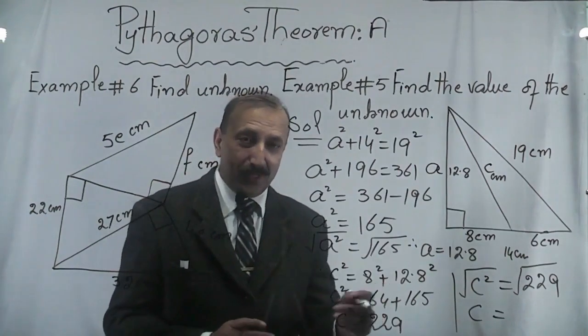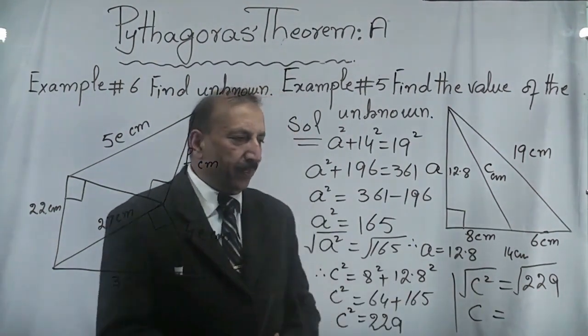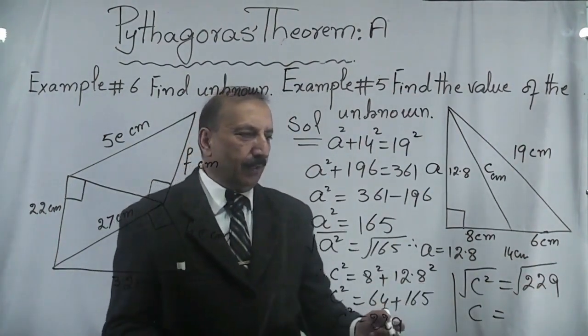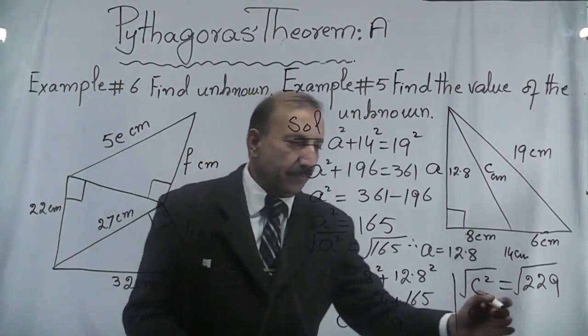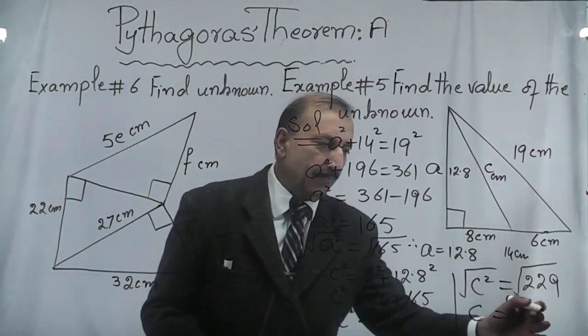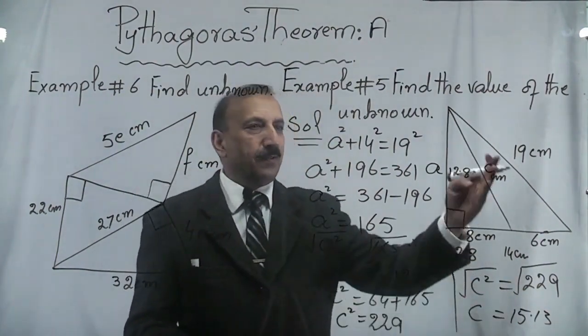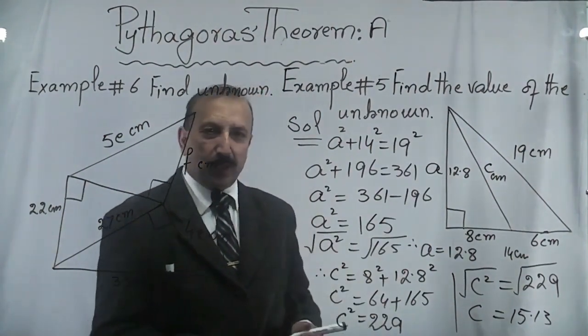My dear student, when we take the square root of 229, this is very close to the perfect square of 15, and its answer would be 15.13 with the help of a calculator, and this is the ultimate answer for this whole example. I'm sure you're clear now.